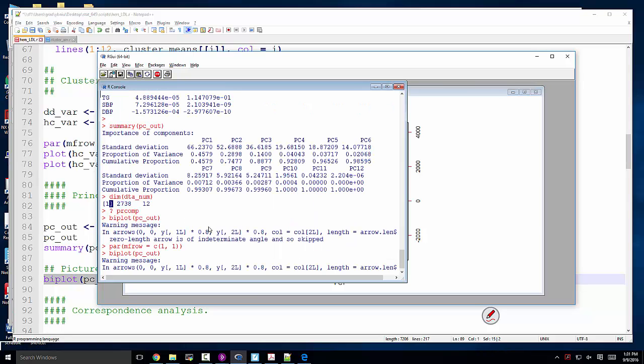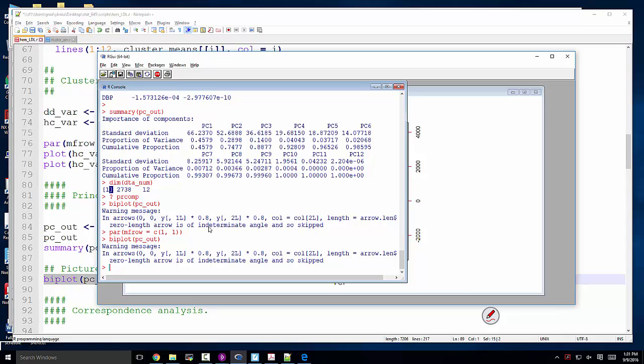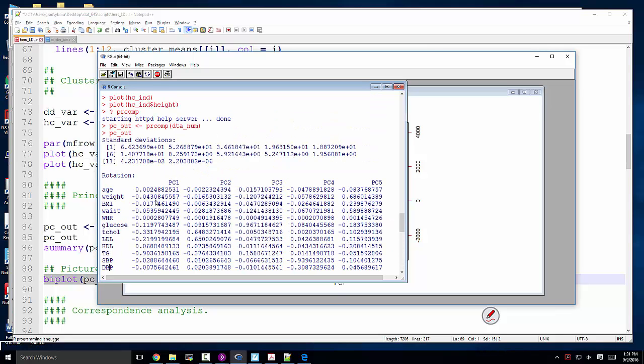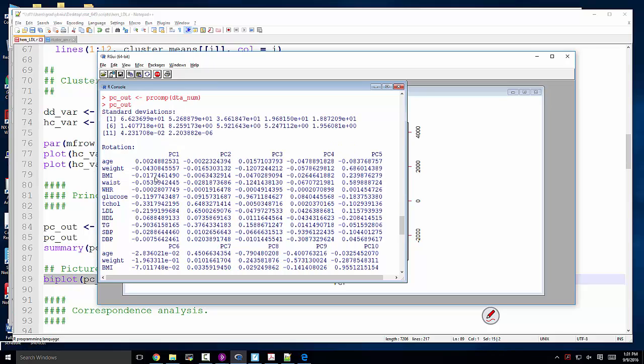We're going to go to the second step of interpreting principal component output, and that is to look at the coefficients. So let's look at this first column of coefficients. The way you define principal component 1, in this case, is as 0.0025 times variable 1, which is age, minus 0.043 times weight, and so on.